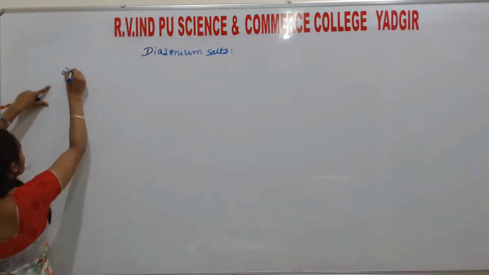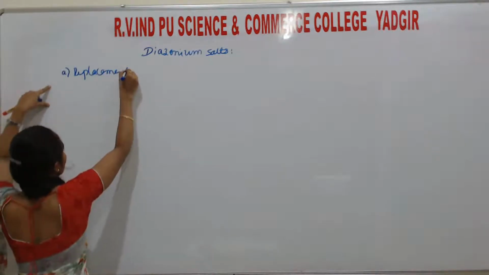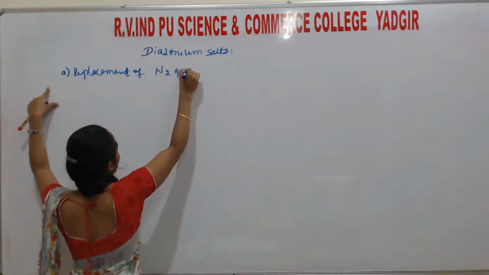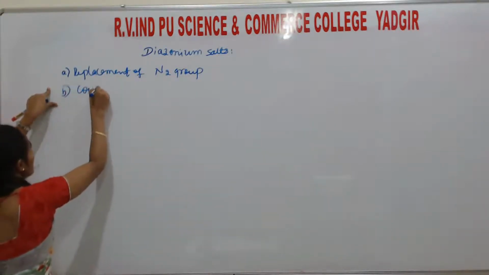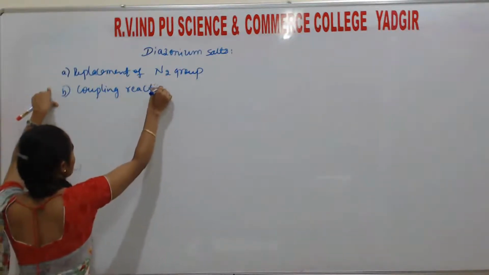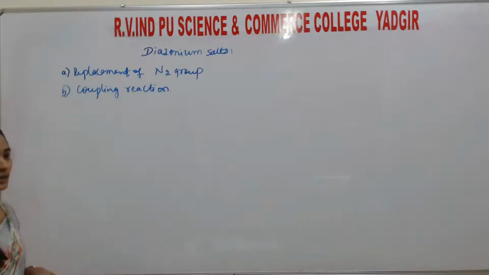Two types of reaction: replacement of the N2 group, that is the azo group, and the second one is the coupling reaction. Another one is the coupling reaction.